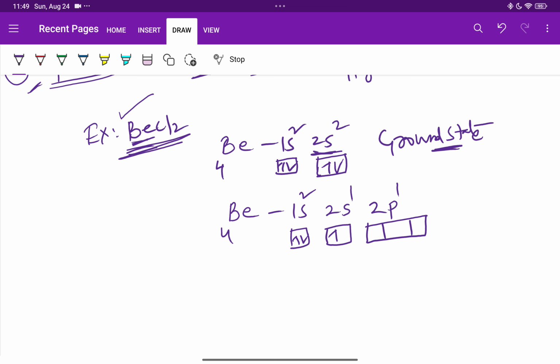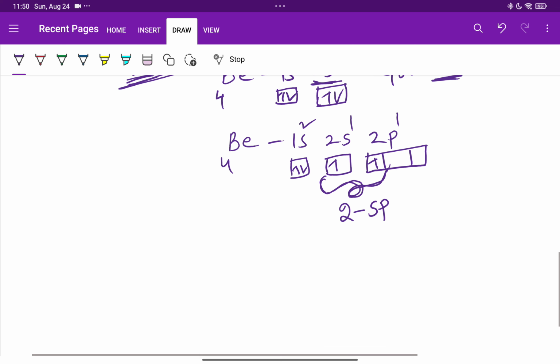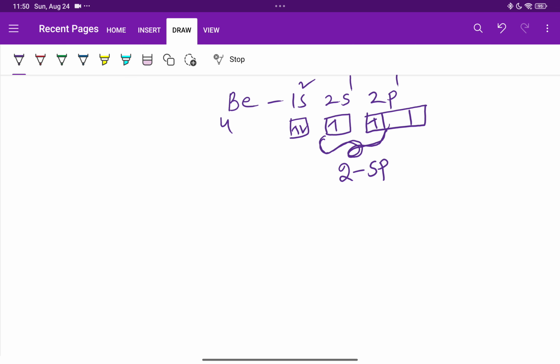In the excited state you will get unpaired electrons. Those unpaired electrons' orbitals intermix. So here 1s and 1p intermix, and then you will get two sp hybrid orbitals. If I draw the shape of this s and p, you will get it like this. This is the s orbital and this is the p orbital.